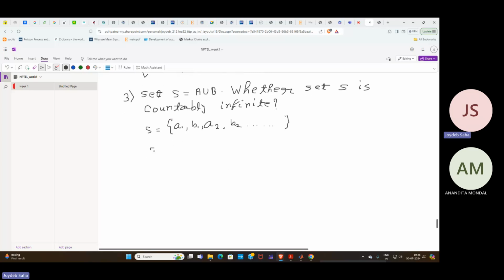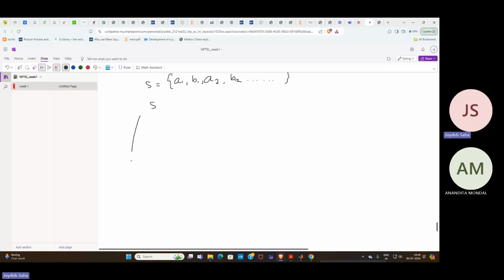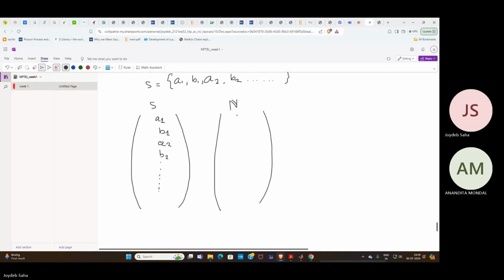So if we map it like this, A1, B1, A2, B2, and so on, and there is a set of natural numbers n: 1, 2, 3, 4, and so on.